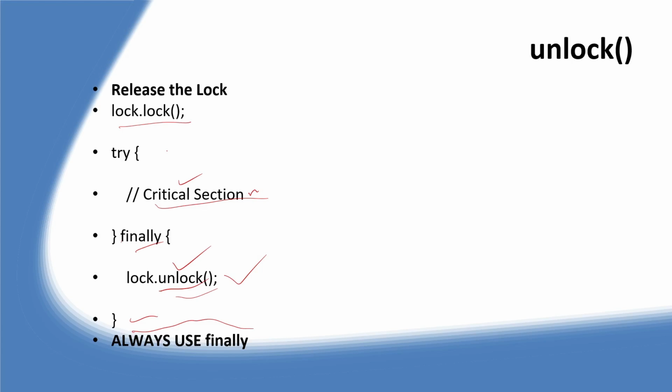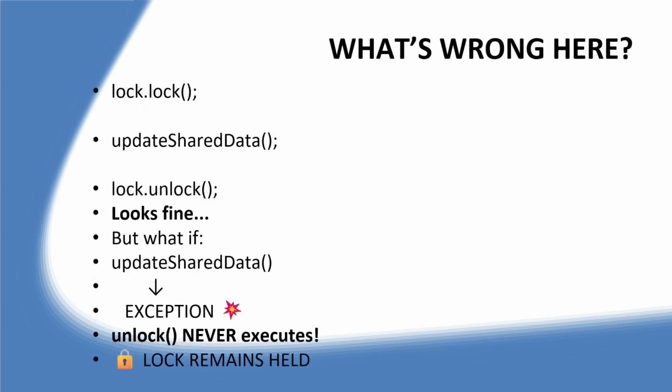Now, there is a mistake we should avoid. This is the dangerous mistake I mentioned at the beginning. If you see this code, it will look correct. We acquire the lock, we update the shared data, and then we unlock.